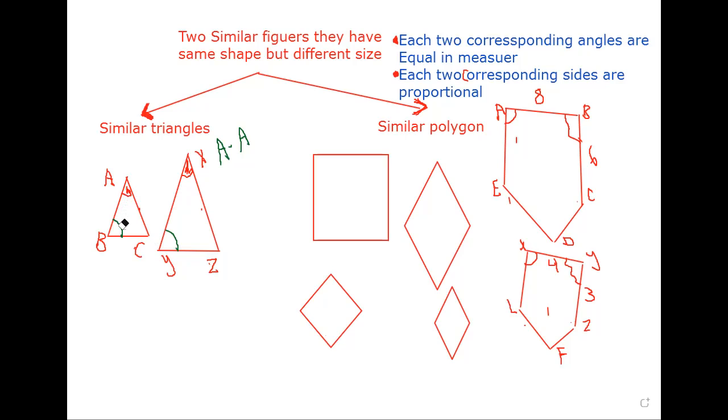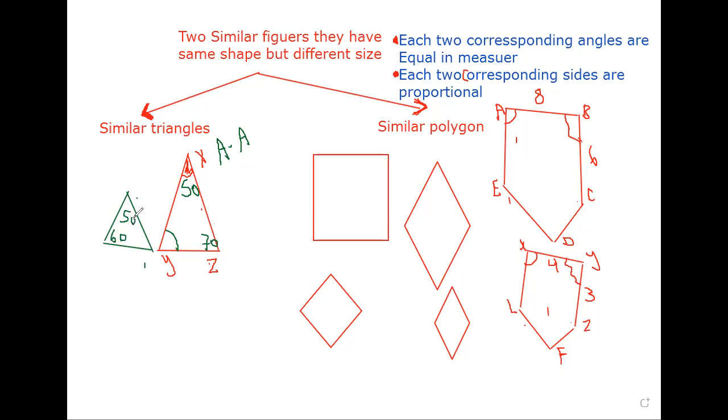Let me give you a question. If this angle was 50 and this angle is 70, this angle equals 60 and this angle equals 50.